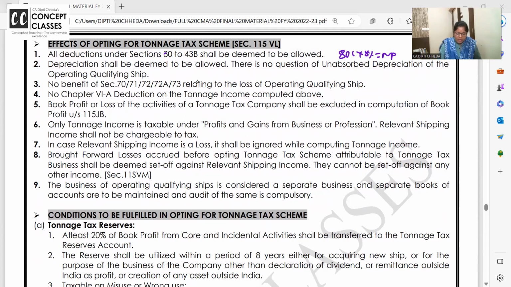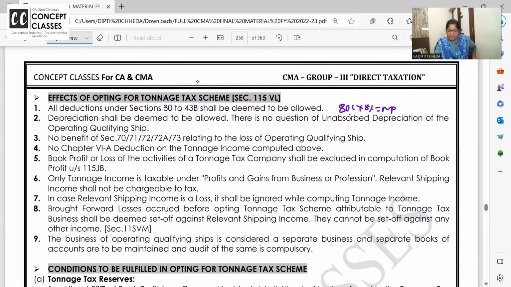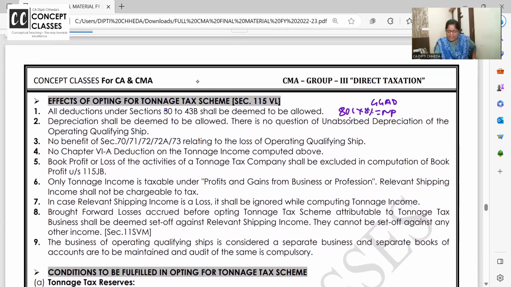Okay, all deductions under 30 to 43B shall be deemed to be allowed. है ना? 30 to 43 मतलब business head के all the deductions, they are asking you to pay tonnage tax. Okay, as per the rate given and all. So routine में all your, if you are maintaining books of accounts, all your routine deductions are assumed to be allowed. Like in 80 lakhs, if 8% is your net profit as per 44 AD, तो 92% में सब allow हो गए.